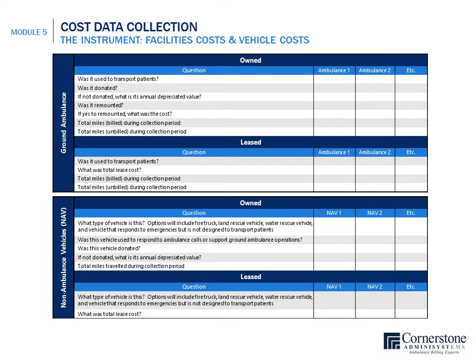CMS will ask, was the vehicle used to respond to ambulance calls or support ground ambulance operations? CMS will ask if the vehicle was donated. If it's not donated, CMS will want to know the annual depreciated value. And again, CMS will look for total miles traveled during the collection period. And then finally, in the leased subgrouping for the non-ambulance vehicles, CMS will again ask what type of vehicle it is, and then we'll also look to acquire the total lease cost.